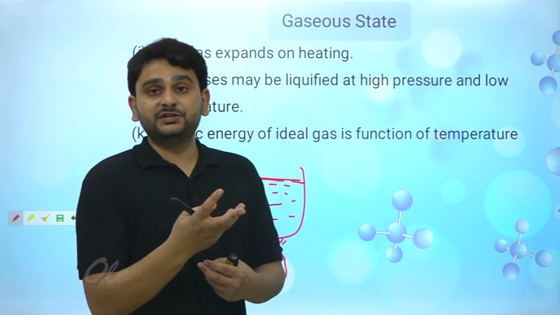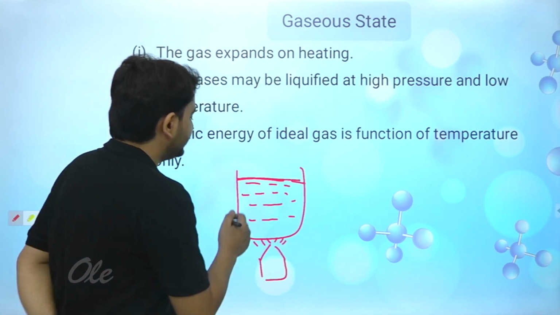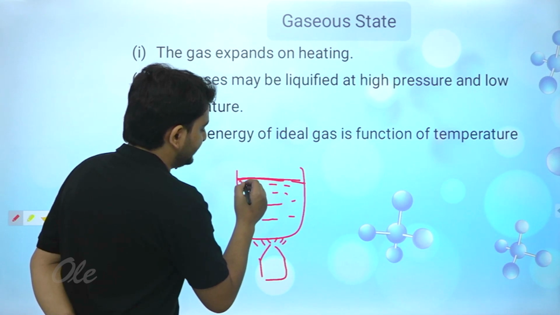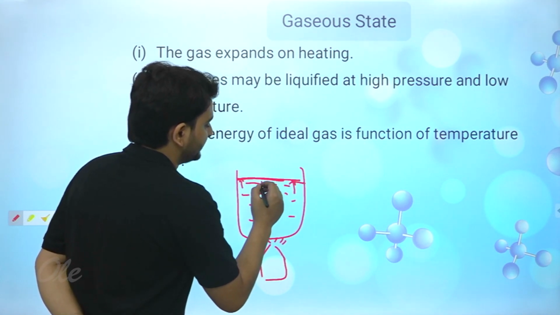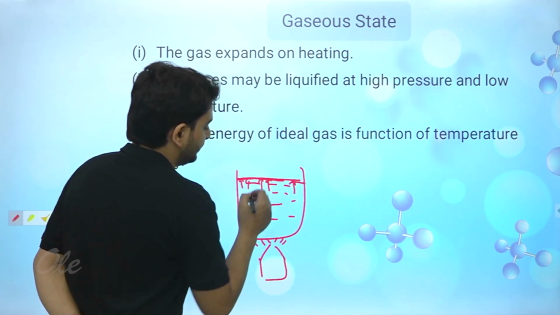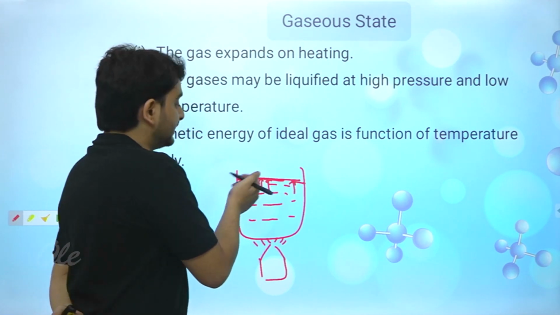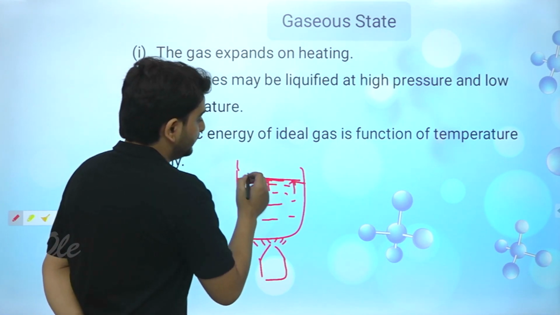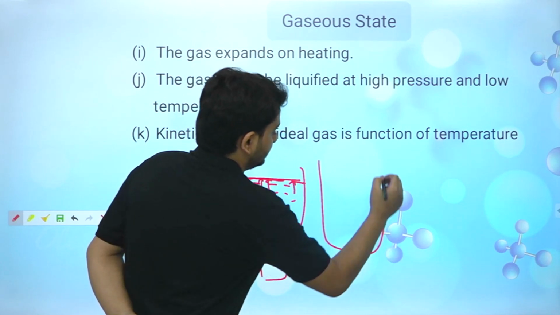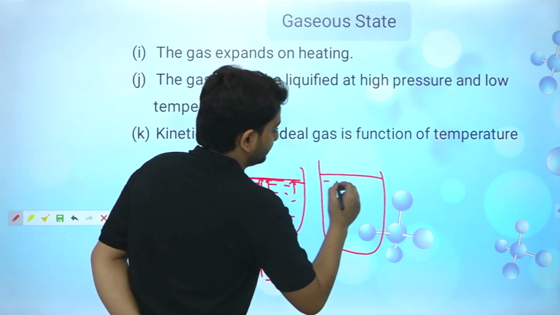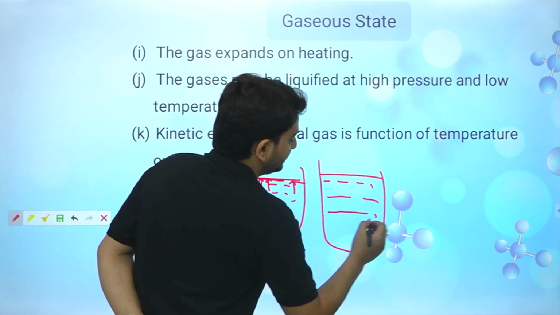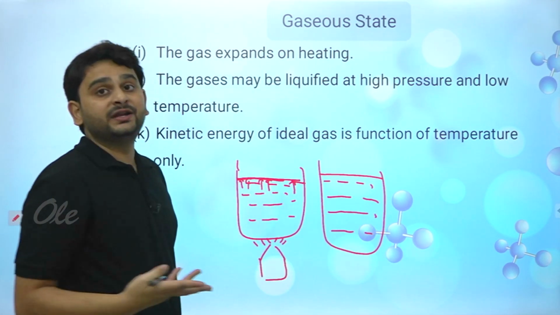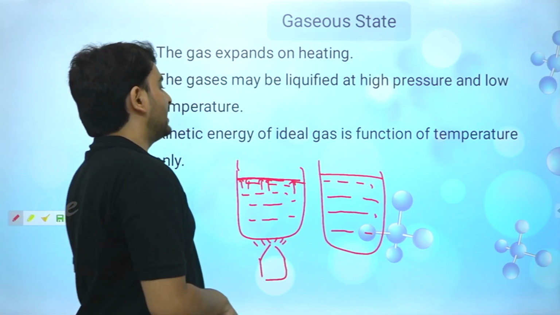You're supplying energy from outside, so they will collide much more fastly with each other, much more abruptly. They will exert more force on each other as well as on the container wall. So the container wall will go up. That is, the volume will increase, or it will expand on heating, in other words. I hope you've understood.